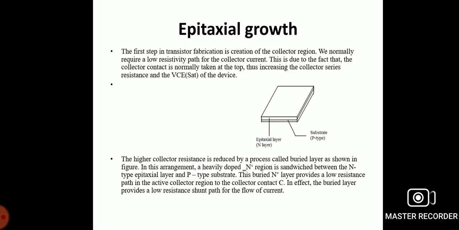This is followed by masking and etching the oxide with the buried layer mask. The N-type buried layer is now diffused into the substrate. A low diffusion material such as arsenic or antimony is used so that the buried layer will stay put during subsequent diffusions.